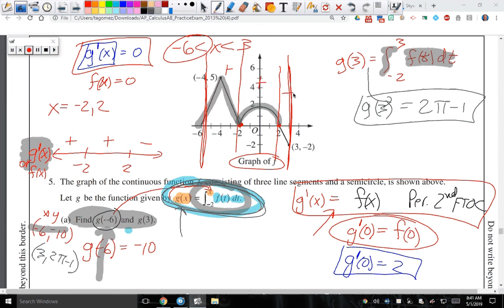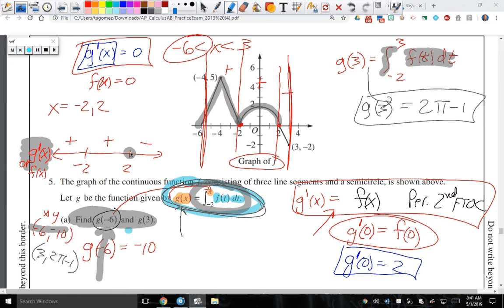Okay? Can someone tell me, what is it going to be at x is equal to 2? What kind of a max? It'll be a relative max. So you would say, and I'm not going to write it for the sake of time because I'm going to do other problems, there is a relative max occurring at x is equal to 2 by the first derivative test, because G prime of x, otherwise f of x, changes from positive to negative.